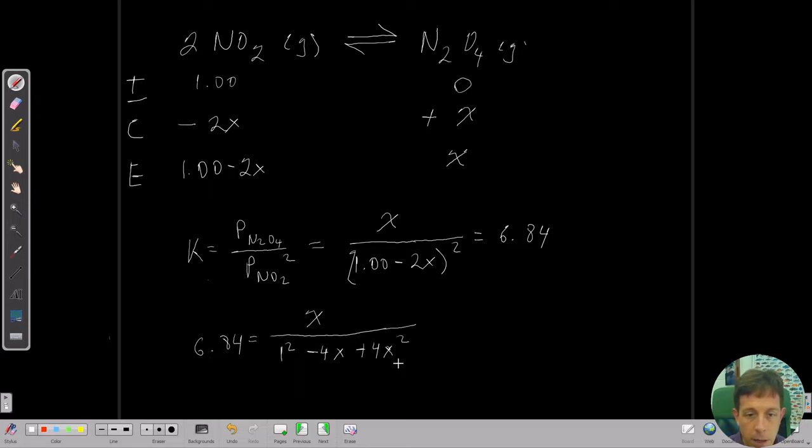Now we can bring all this in the denominator and multiply it by 6.84, and then bring x over to make the whole equation equal to 0, which is the form of a quadratic.